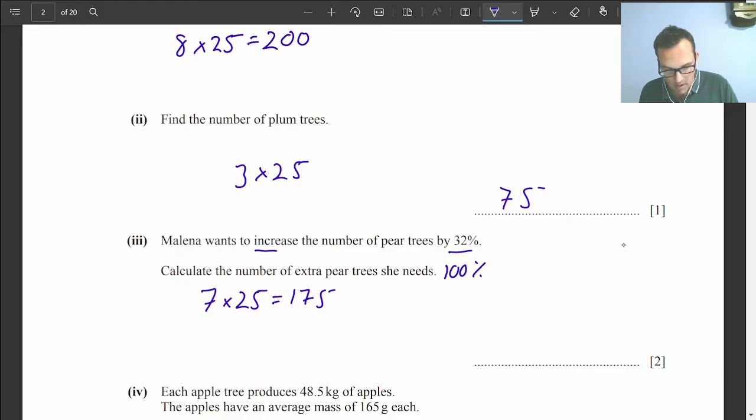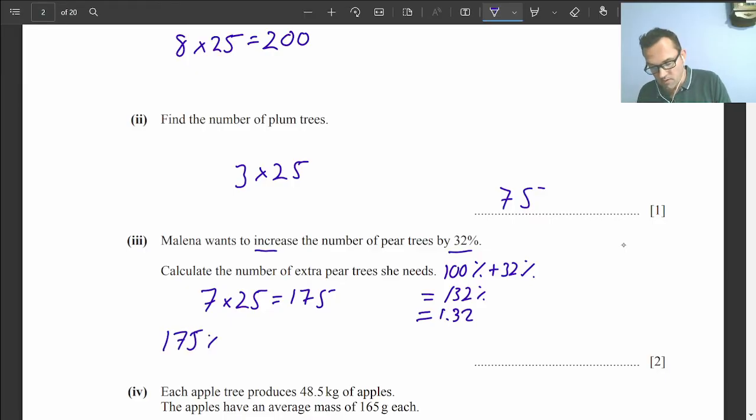That's the total amount we have. We add 32%. And we'll end up with 132% of the original value. As a multiplier or decimal, that's 1.32. So we do 175 times 1.32, and that gives us 231 pear trees.